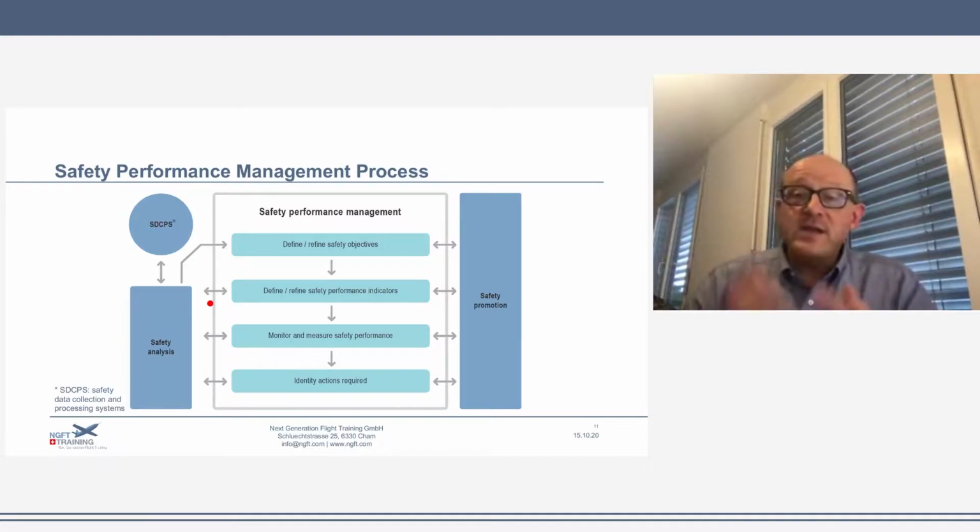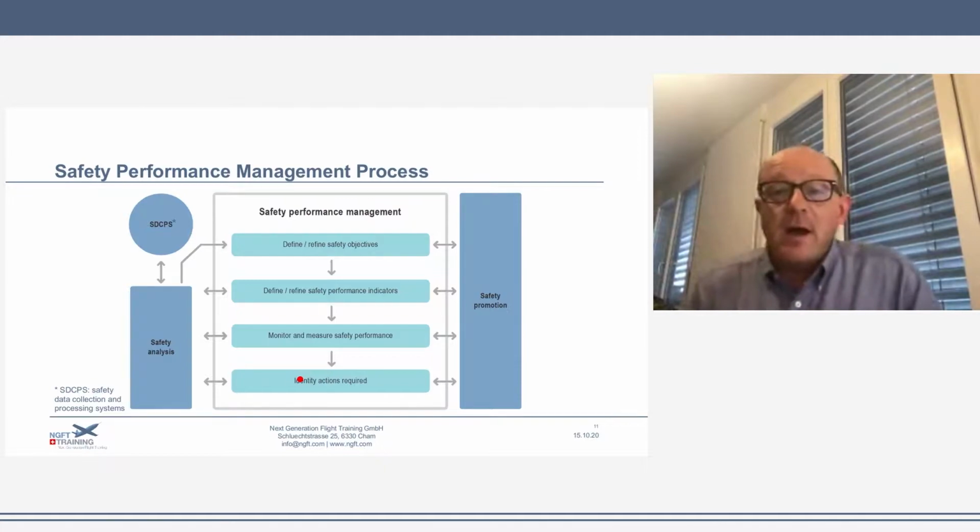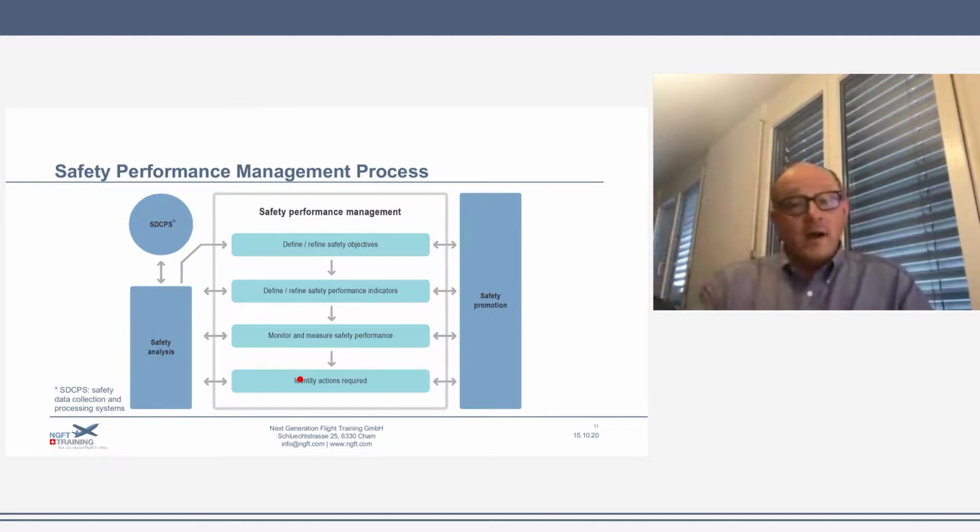Now, this sounds all very good, but actually, how are we going to implement it? Well, we can actually run through these phases right here, through these steps, okay? And we have to have a safety library available as part of our hazard and risk management that we continuously update.